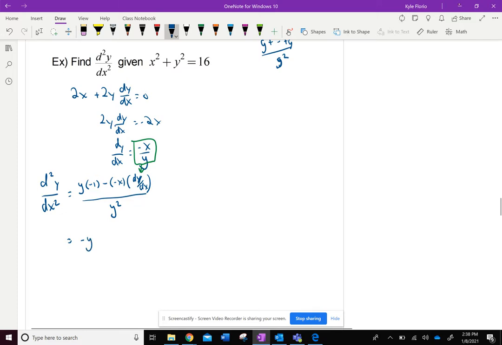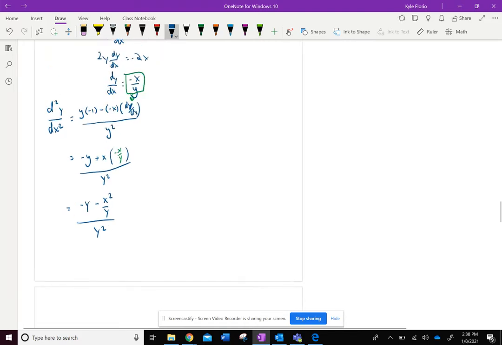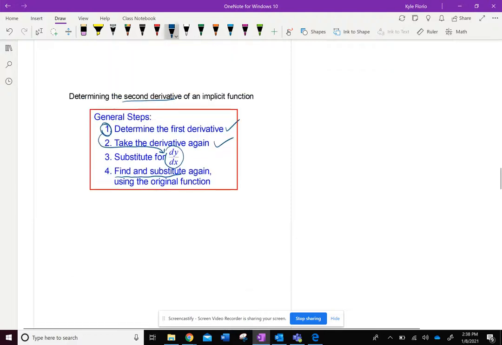This double negative is going to really be a plus x times dy dx, which is really just negative x over y, all over y squared. So I'm going to get negative y. A positive times a negative is going to be a negative. x times x is x squared over y times y squared. And right now I'm drawing my y's differently. I'm sorry about that. And so we did that substitution step.